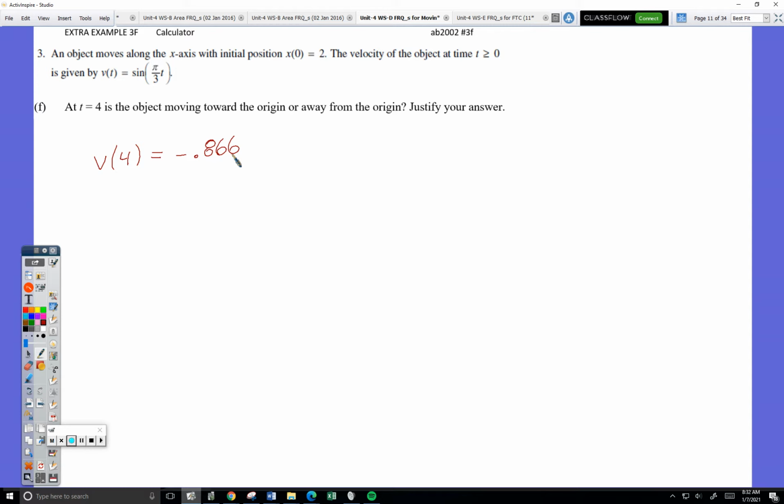We don't know whether the particle is moving toward or away from the origin, however, because at this juncture, we don't know where the particle is. Here's my picture of the particle's movements. Here's the origin. If at time equal 4, the particle is located in this spot, and we know that at that moment the particle is moving left, that would tell us the particle is moving away from the origin.